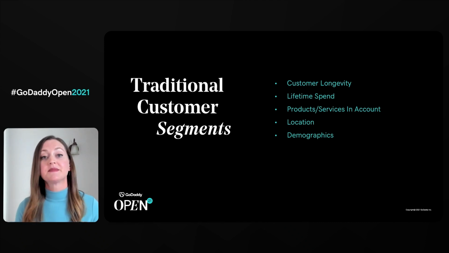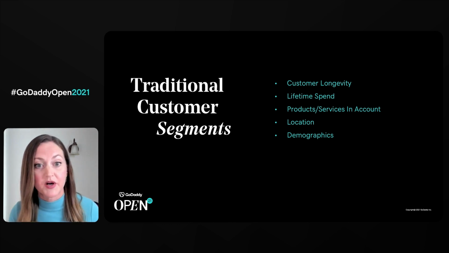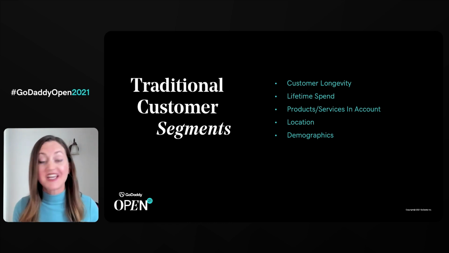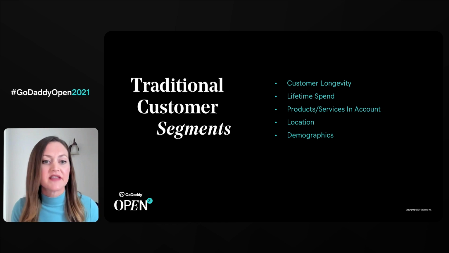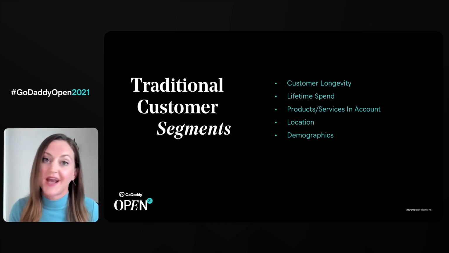Historically, marketing teams have defined customer segments based on how long they've been a customer and how much or how often they buy, the products or services they come to the business for, where they're located, and demographics like gender, age, or socioeconomic status. For your purposes, it's more useful to define email marketing segments according to your campaign goals and the customers most likely to help you achieve them.